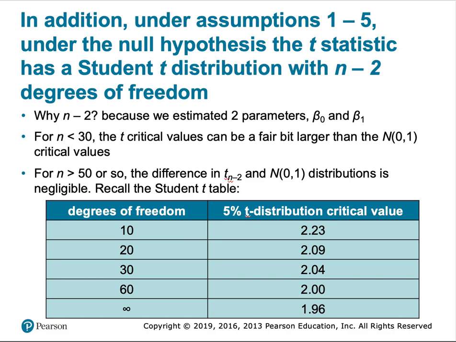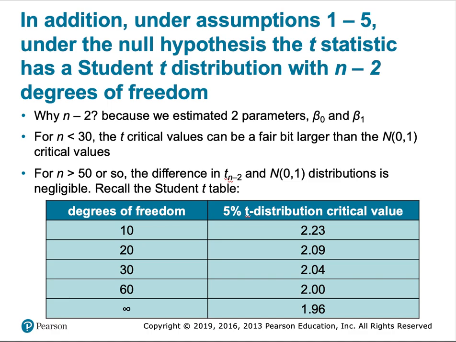Now for small sample sizes, less than 30, our student's t-distribution critical values are going to be a bit larger than what we would find using the standard normal distribution.